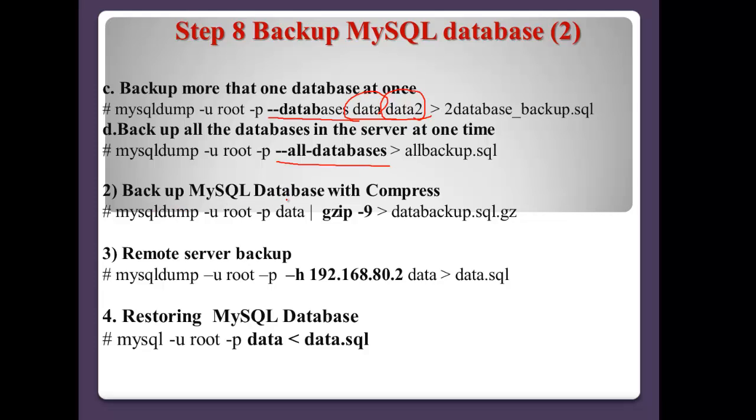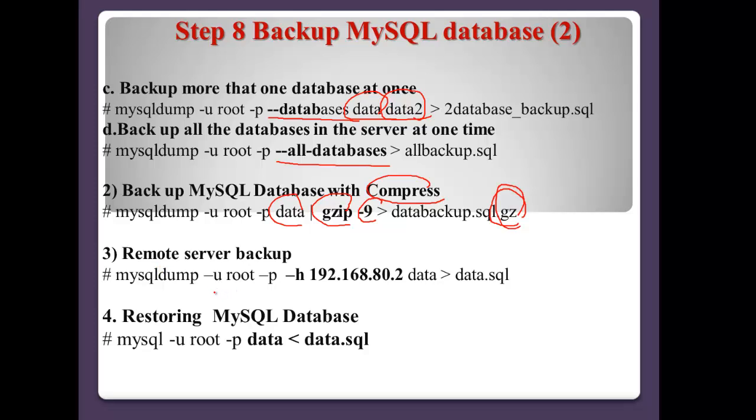Number 2, backup MySQL data using compression, using gzip like this. MySQL dump minus u root minus p, data is the database name, and after that gzip minus c, and after that database SQL gz. Then this command will make a backup file with extension gz. Number 3, the remote server backup.